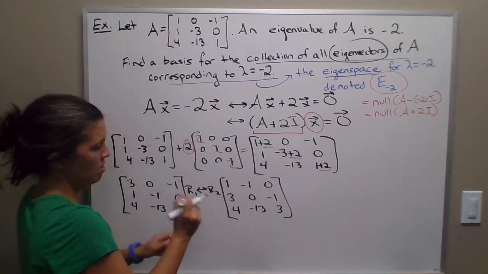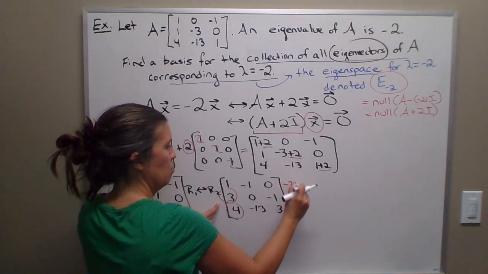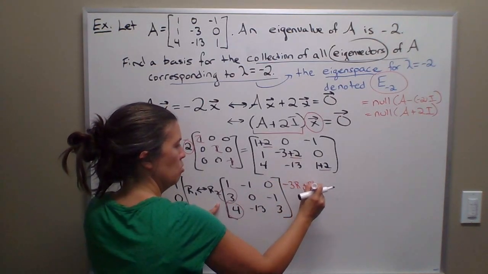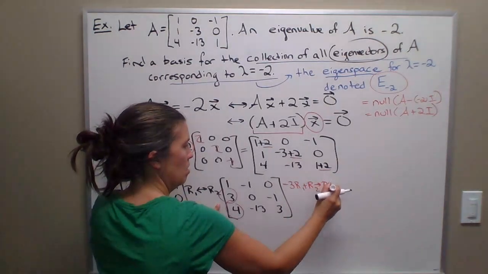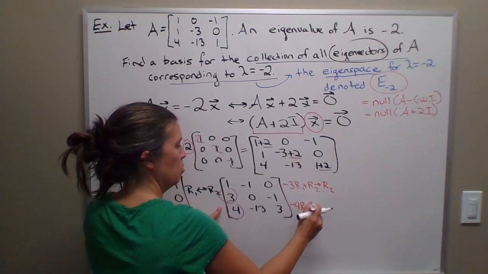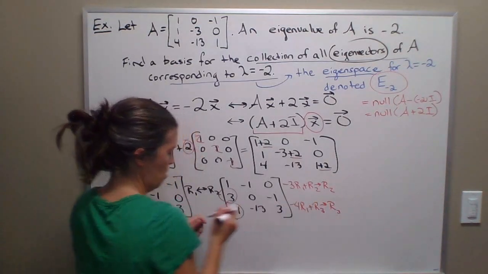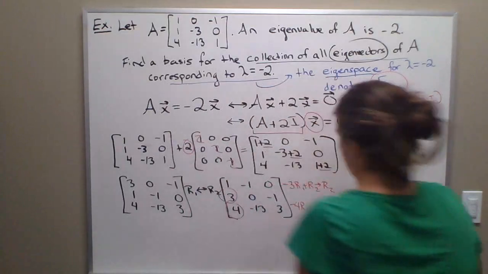And now I want to zero out these entries, so I'm going to do -3 row 1 plus row 2 and -4 row 1 plus row 3. All right, let's see what we get here.